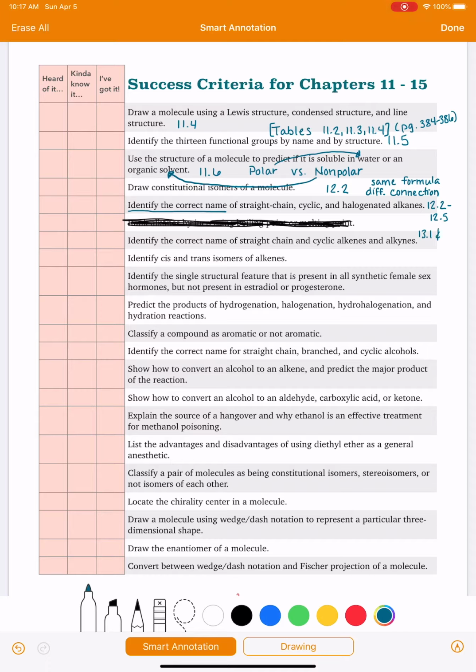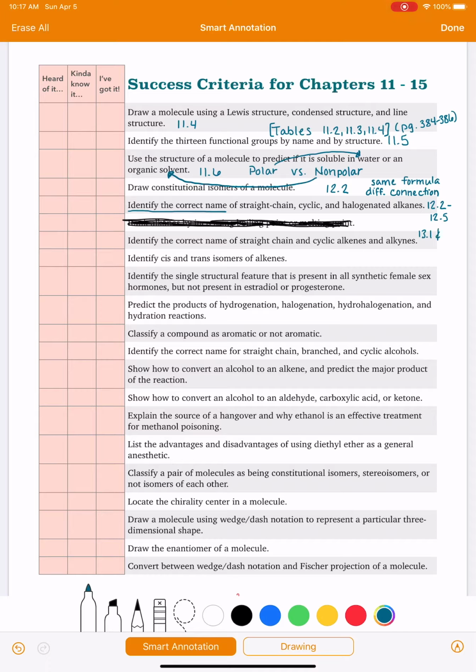Identify the correct names for straight chain, branched, and cyclic alcohols. Again, you're just identifying the names of the alcohols. That's in sections 14.1 and 14.3. Reactions of alcohols: show how to convert the alcohol to the alkene. That is 14.5.